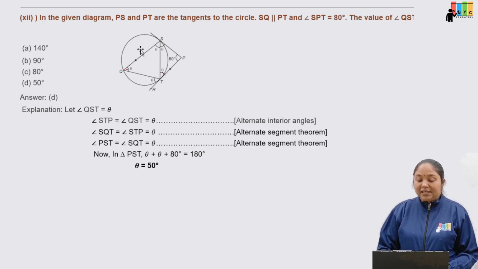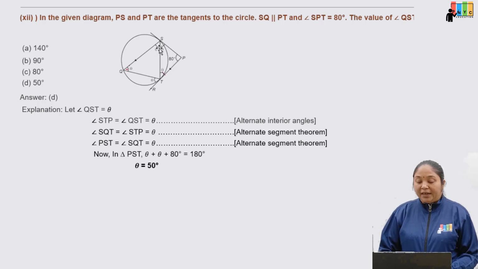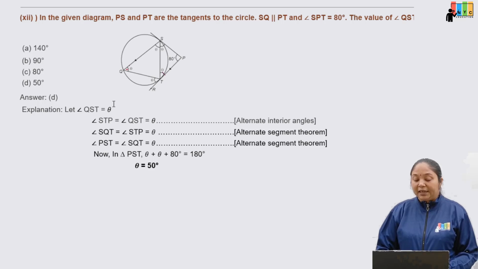Now if we consider the triangle PST, because we need to find out QST, we can definitely find out theta, because QST is nothing but theta.